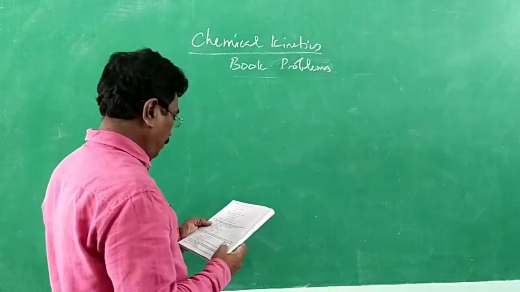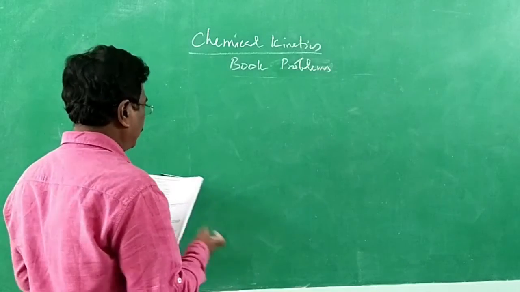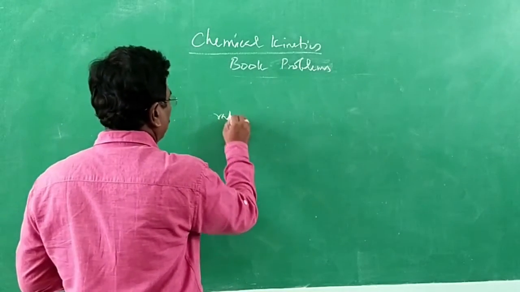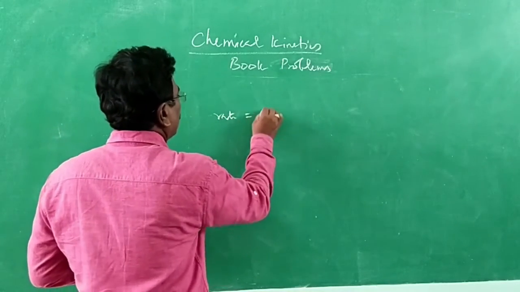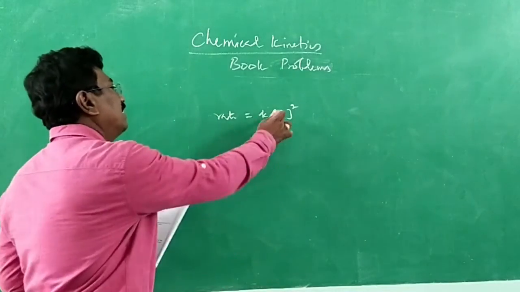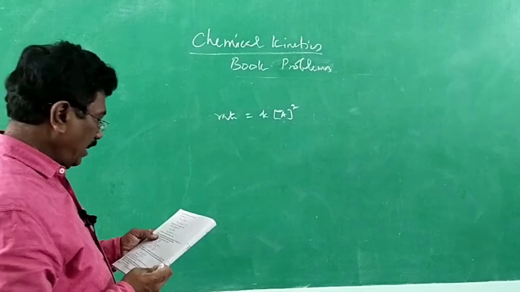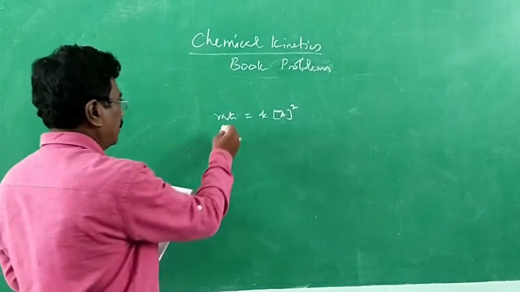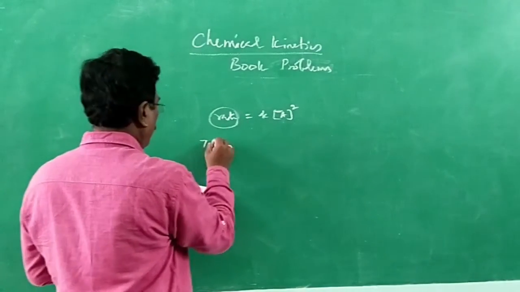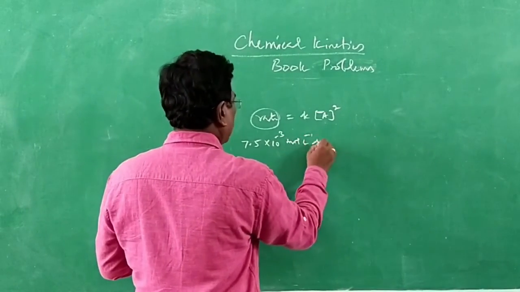Question number 11. The rate of formation of a dimer in a second order reaction. It is a second order reaction. Rate is equal to K into molar concentration of A to the power 2. That is a second order reaction. A is considered as the reactant. The rate of formation of a dimer is given as 7.5 into 10 power minus 3 mole per liter per second.